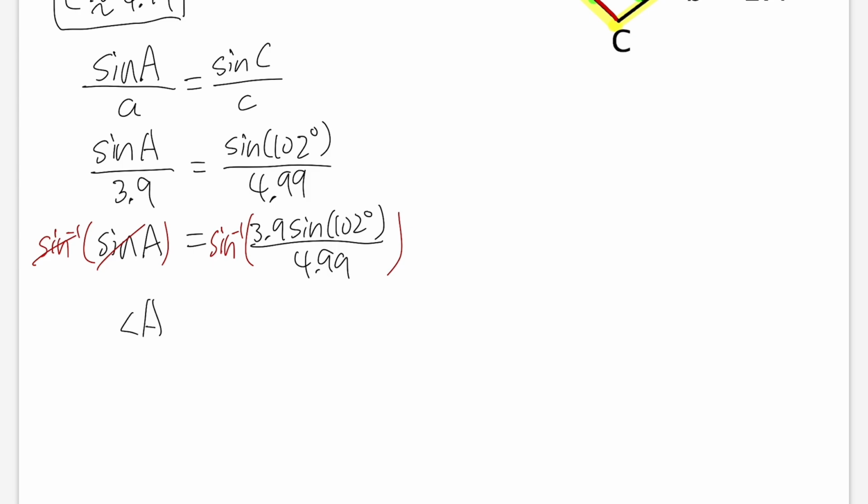Anyway though, angle A is approximately, all right, enter this on our calculator. Inverse sine of 3.9 times sine of 102 degrees, and then divided by 4.99. I get about 49.86, so I'll just round it to 49.9 degrees. So angle A is about 49.9 degrees.